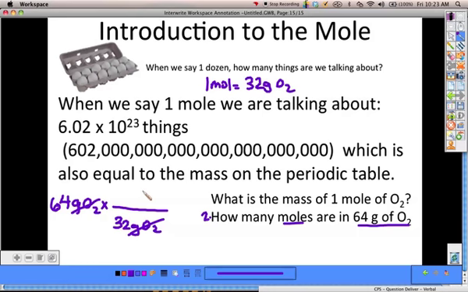What's the other part of my ratio that has to go on the top of my fraction then? 1 mole of O2. So all I have to do is multiply 64 by 1, just 64, and then divide by 32. What's my number of moles? 2. So I have 2 moles of O2 in 64 grams.